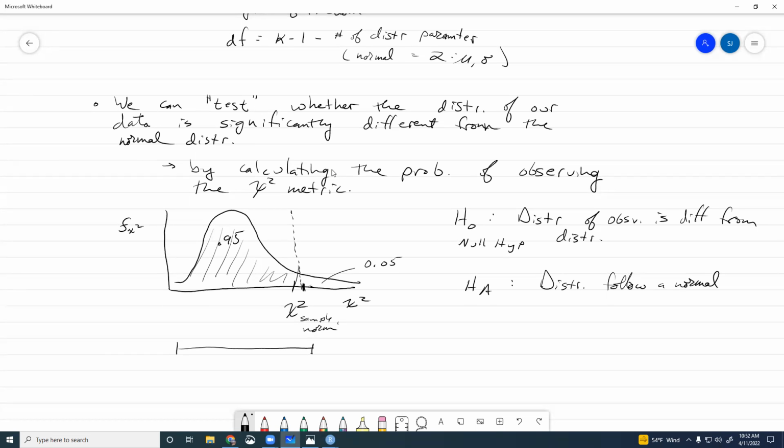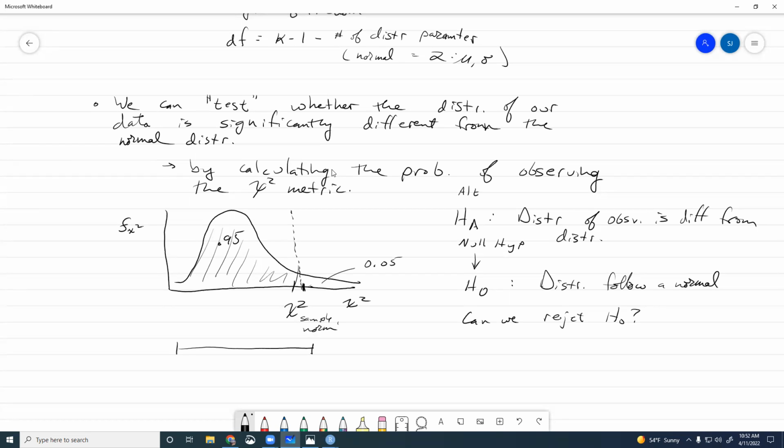Oh, sorry, I set that up incorrectly. This is going to be our alternative, and this is going to be our null. So null and alternative. So do we accept the null hypothesis or do we reject it? And so the question is, can we reject H naught, our null hypothesis?